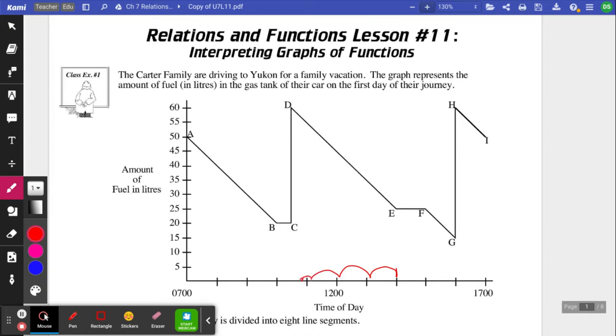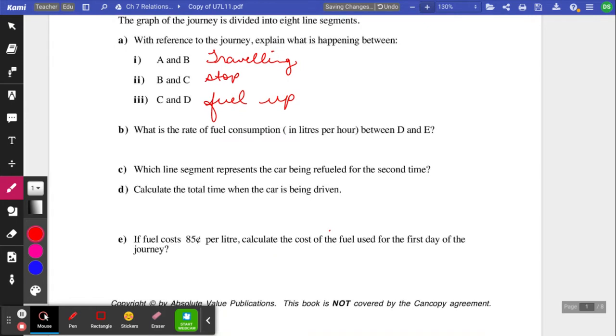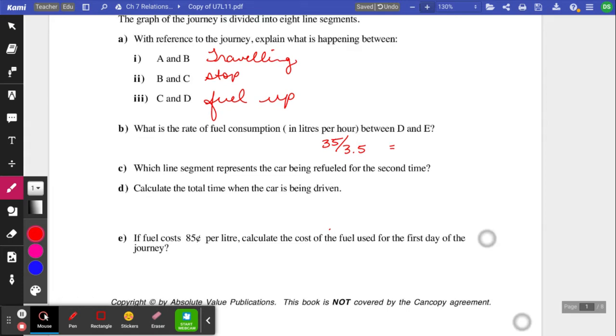Let's go 3.5. So 35 liters were consumed in 3.5 hours. What's 35 divided by 3.5? 10 liters per hour. Agreed?